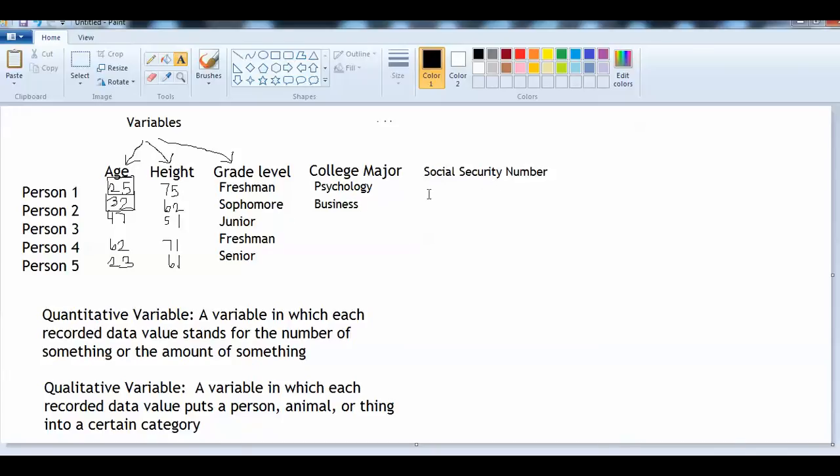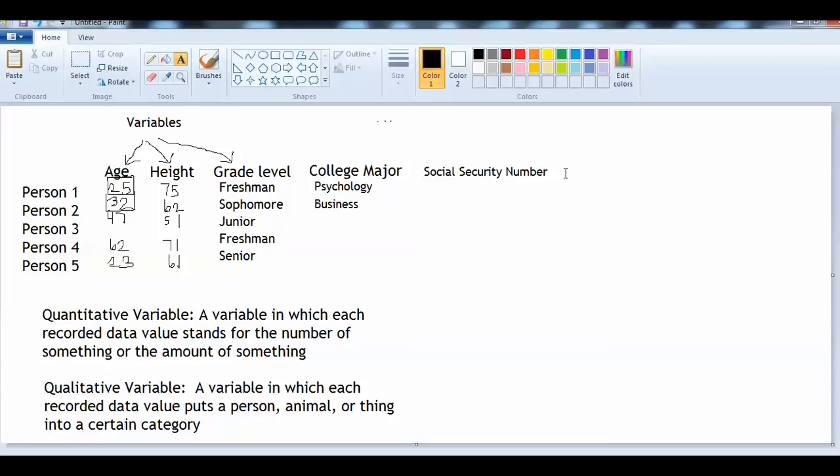It's just a label, sort of like another name for the person. You could think of it as just being a category of one person, pretty much. It's not something like over here where each data value is showing the amount of height that the person has. The social security number isn't a quantity.